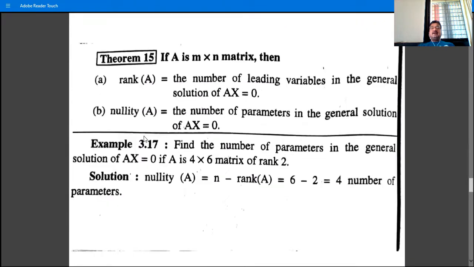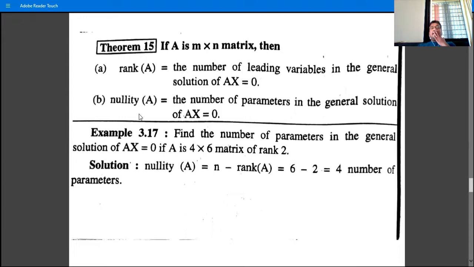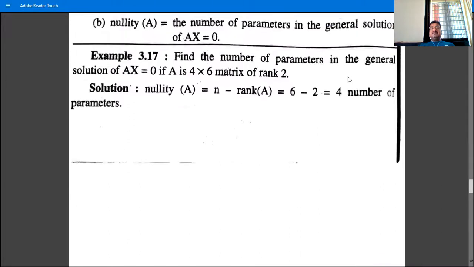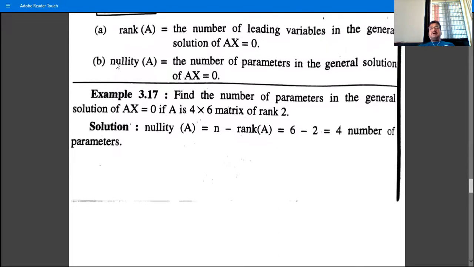So this is the rank of A, and the rank of A is the number of leading variables, and the nullity of A is the number of parameters. So find the number of parameters in the general solution of Ax = 0. That is, we have to find the nullity of A, and the rank of A is 2.